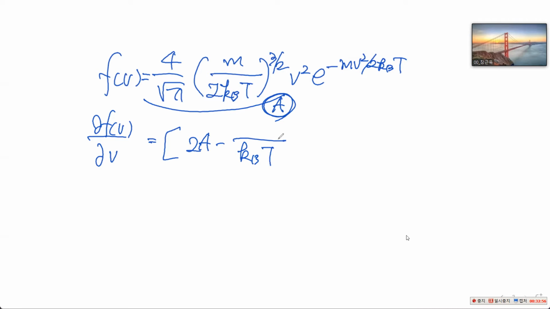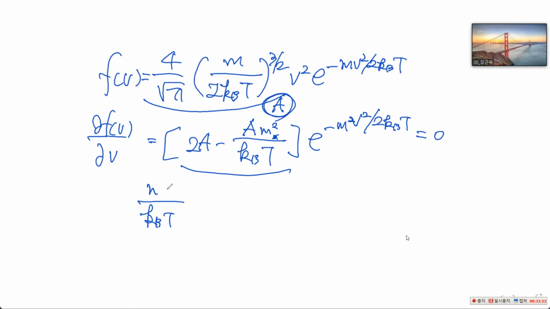And in textbook there was some typo. Okay, m squared e to the minus mv squared over 2kbt equal 0. Okay, so by that way, we get to satisfy the result.